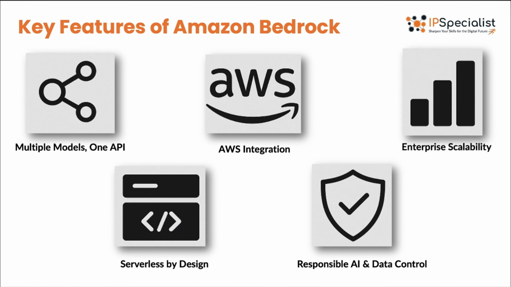And finally, Amazon Bedrock is built with enterprise scalability in mind. Whether you're running a small internal app or deploying AI across a global platform, Bedrock can scale with your needs securely and reliably. These features make Bedrock an excellent foundation for teams that want to innovate with generative AI quickly, securely, and at scale.